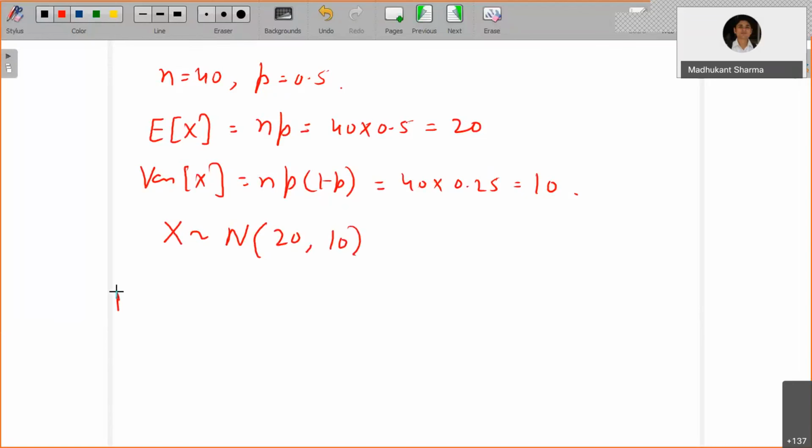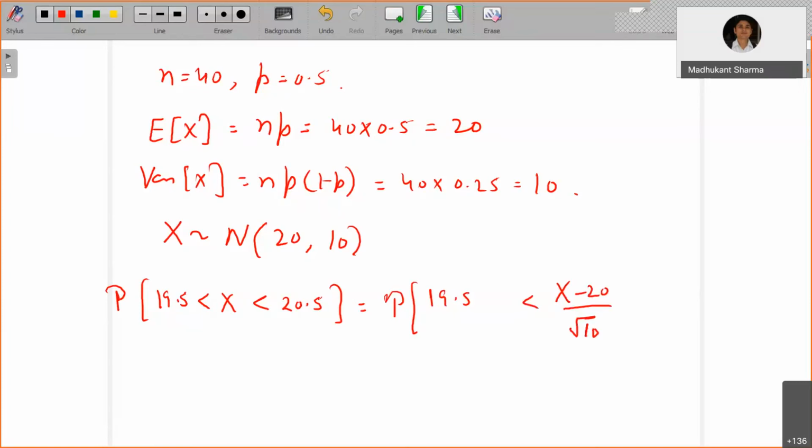So I'm interested in evaluating the probability of X greater than 20 minus half, which is 19.5, and less than 20 plus half, which is 20.5. Now I will transform it into the standard normal variate to use the table values. So that is the probability of 19.5 minus 20 divided by the standard deviation square root of 10, less than Z less than 20.5 minus 20 divided by square root of 10.